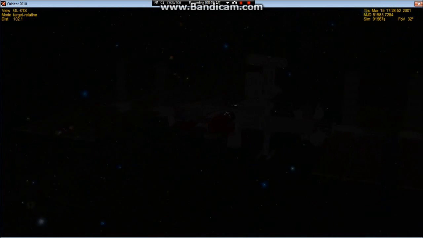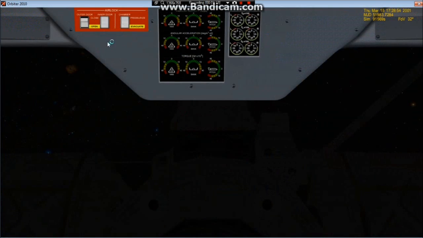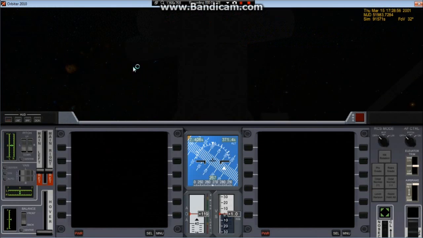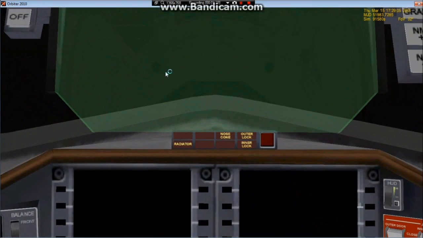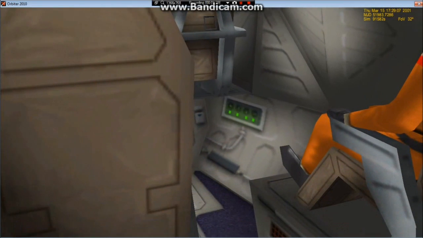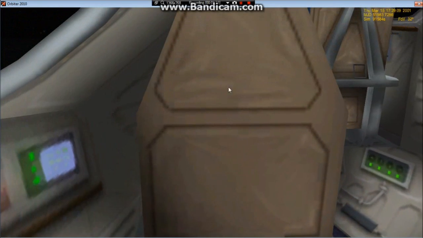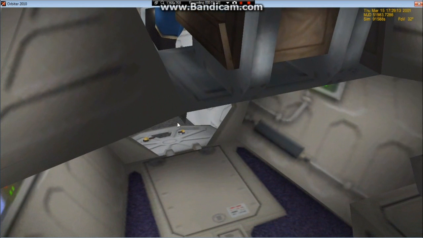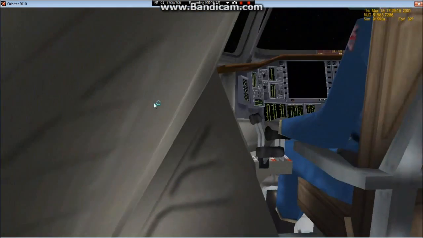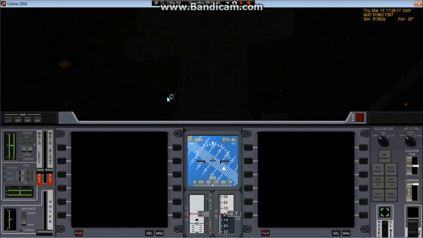And if all is well, I'll be able to open the inner door as well. And we're not dying. That's because the air is shared now. Inner door open. So now you can see our doors are open, and you can see into the International Space Station.